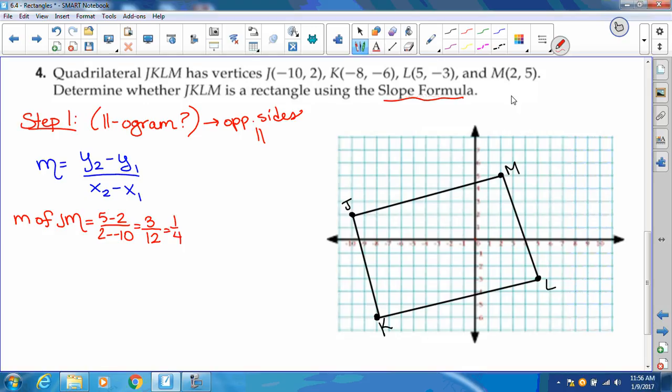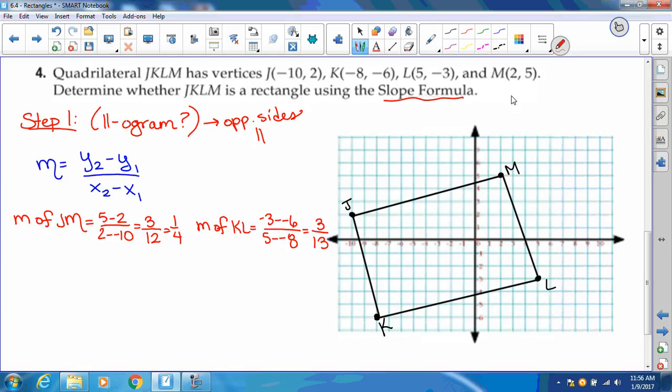And now I'm going to check KL because that would be its opposite side. Slope of KL would be negative 3 minus negative 6 over 5 minus negative 8, and that would be 3 over 13. So what we learned there is that JM and KL are not parallel to each other.